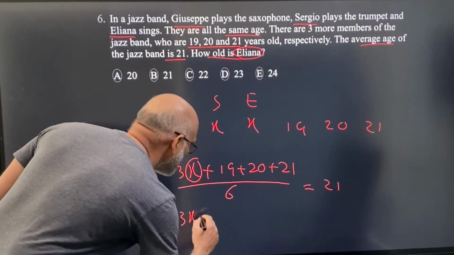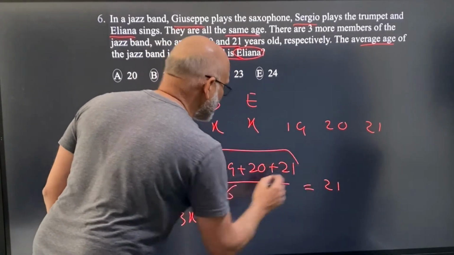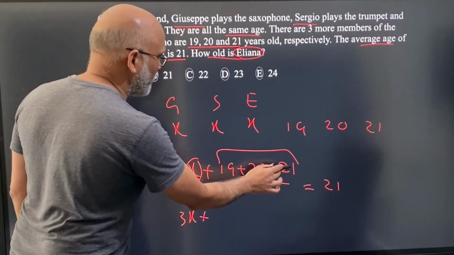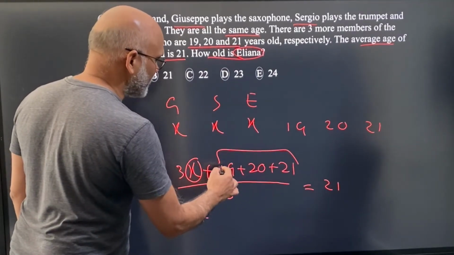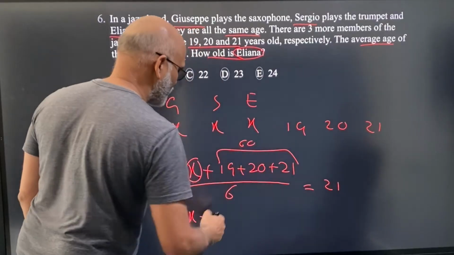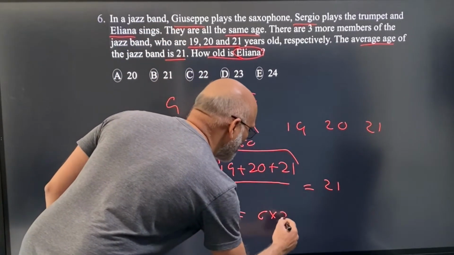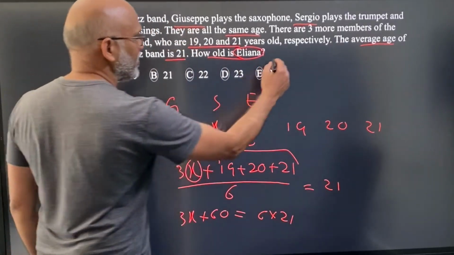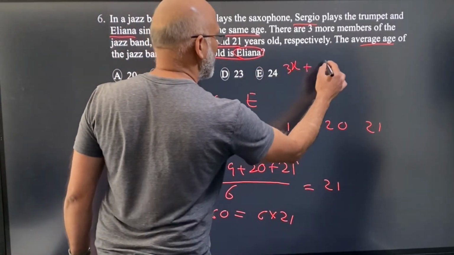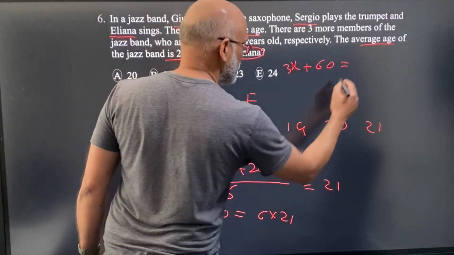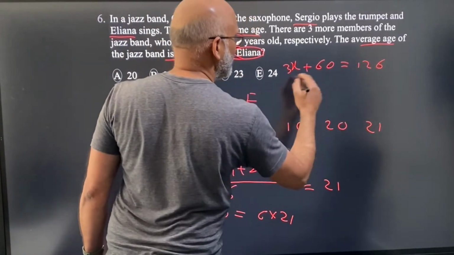So 3x plus, okay, how much is this? 20 plus 20 is 40, plus 1 is 41, plus 9 is 50, plus 1 is 60. So this 60 is equal to 6 times 21, so 3x plus 60 is going to be 126.